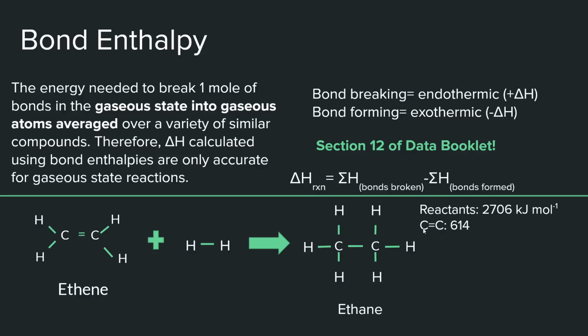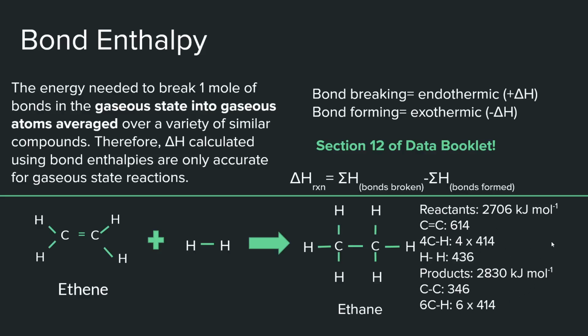Your CC double bond is equal to 614 kilojoules per mole, your four carbon-hydrogen bonds are going to be 4 times 414, and your hydrogen is going to be 436 because you have to account for this one as well. Your products, meanwhile, are going to be 2,830 kilojoules per mole by doing a very similar set of steps. So we're going to take our bonds broken, our reactants, minus our products, and we're going to see that our bond enthalpy for this reaction is negative 124 kilojoules per mole.